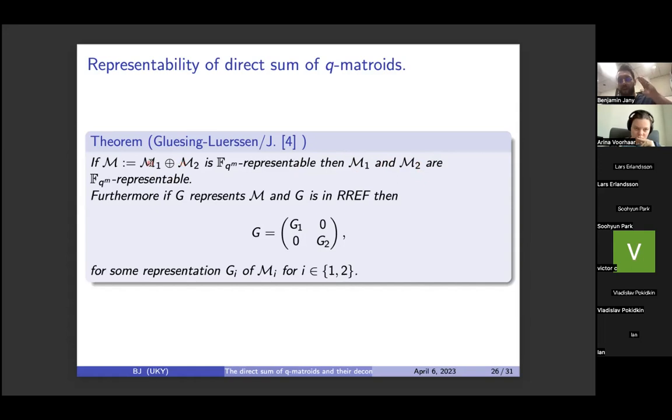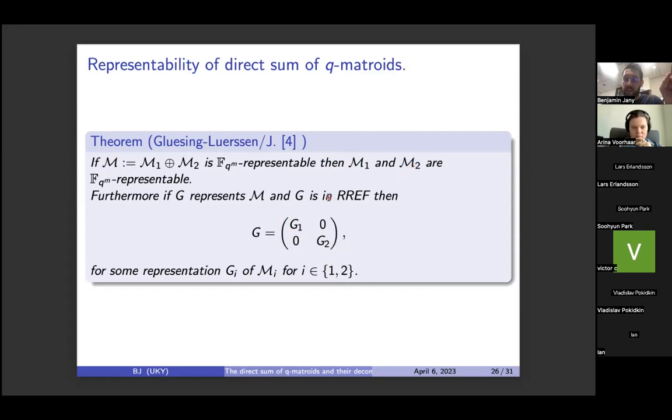Okay, and we can do that because the class of representable q-matroids is closed under deletion and contraction, and so you can get a representation of M1 and M2 if you know the representation of the direct sum. And furthermore, if we write this representation via a matrix in row-reduced echelon form, then we know that the representation of M will have to be of this form, the block diagonal matrix, where G1 is a representation of M1 and G2 a representation of M2.